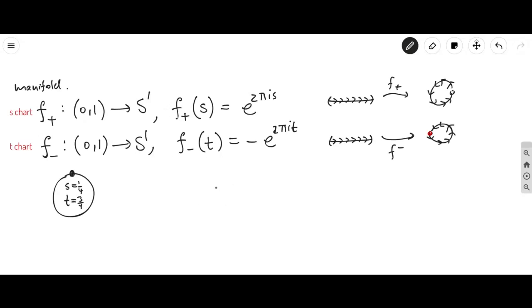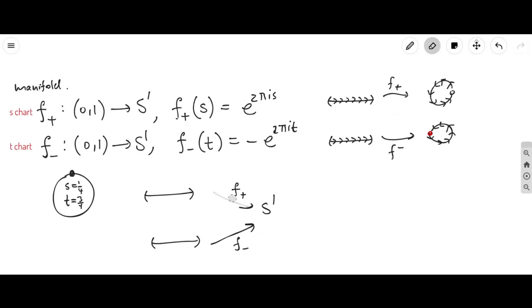And then we also talk about this. We map the interval from 0 to 1 to 0 to 1. So we map this using f plus to the circle, and then we map this using f minus to the circle.